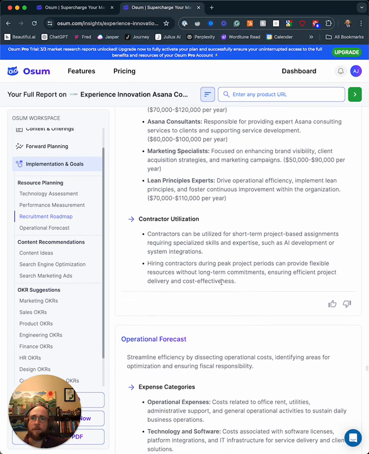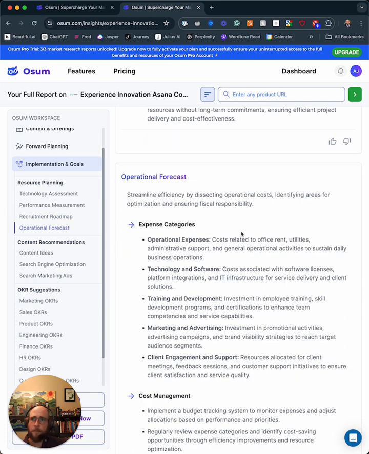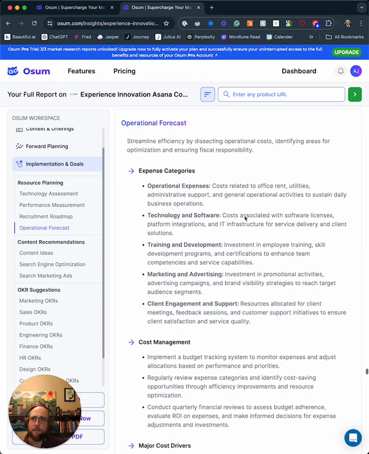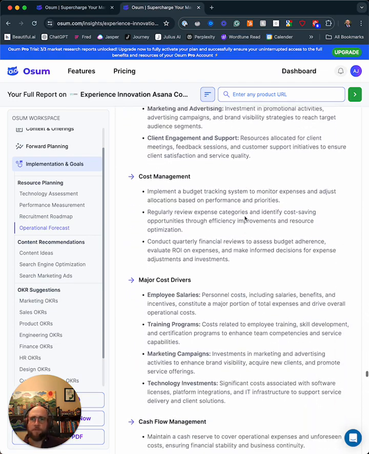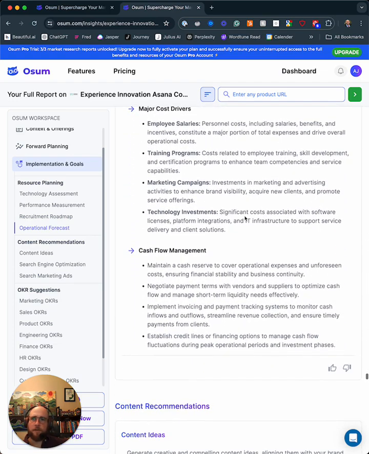When we look at contractors, of course, this all makes sense. Next section was around the operational forecast, different expense categories. Most of this is going to be pretty standard information, though I do appreciate it's now all in one place. So this was good. I like the resource planning.